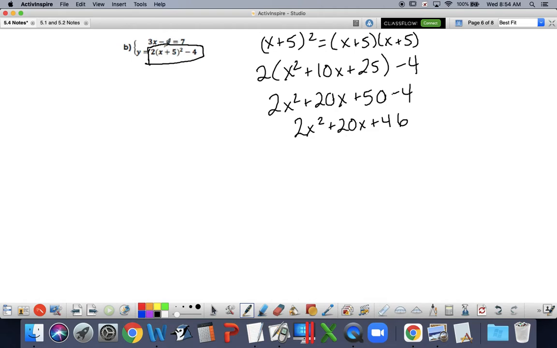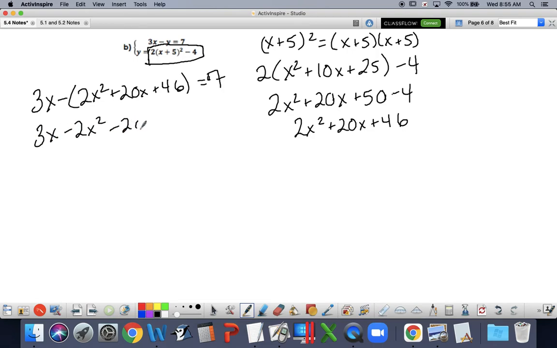in my first equation. So I wind up with 3x minus, of course, we're subtracting all this, equals 7. I'm going to distribute that negative through. Then I'm going to subtract 7 from both sides, and I'm going to combine all of my like terms.